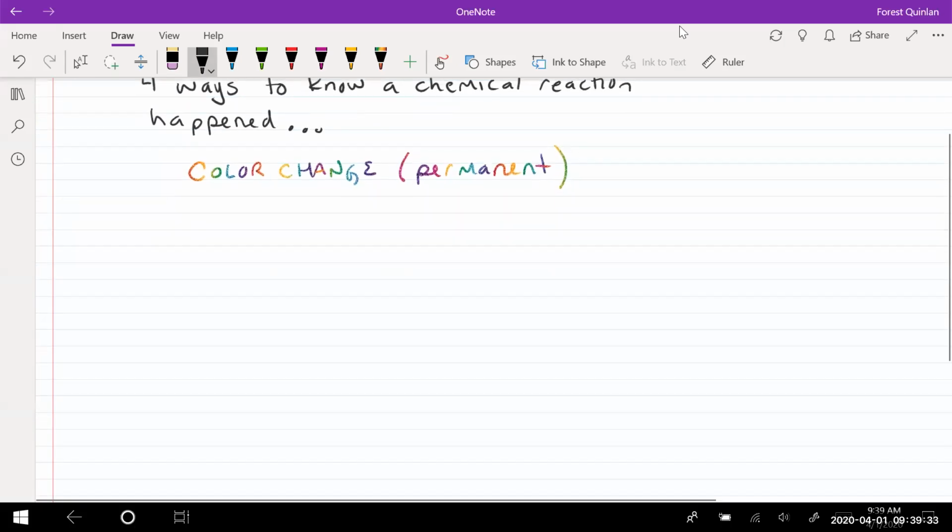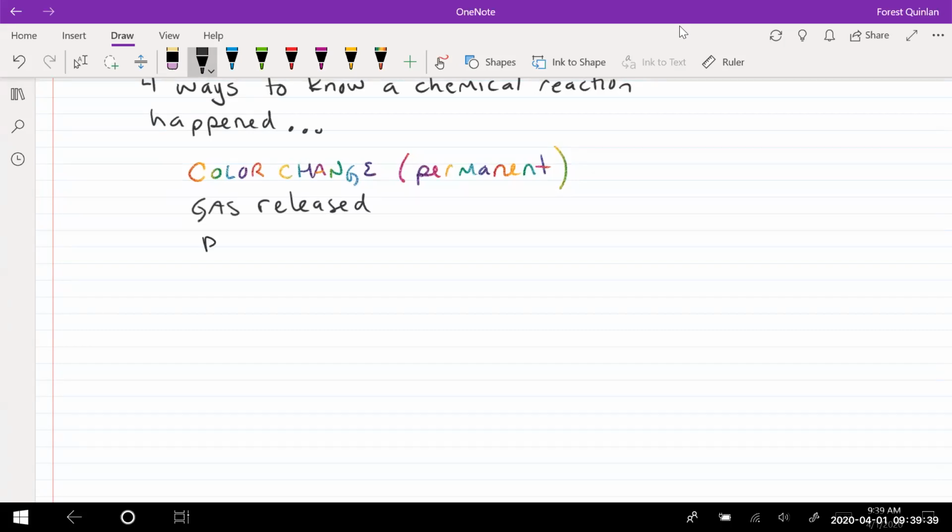Gas released. Precipitation. That's that solid, and we abbreviated that as PPT. And finally? Heat and light.